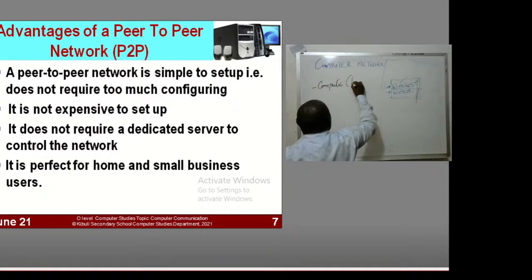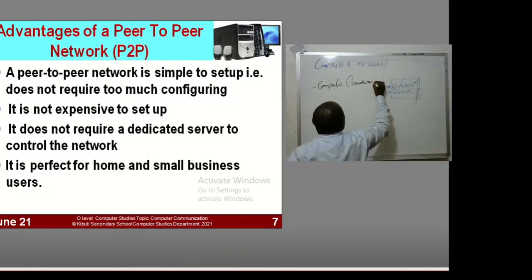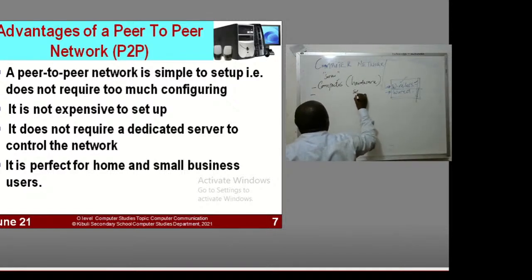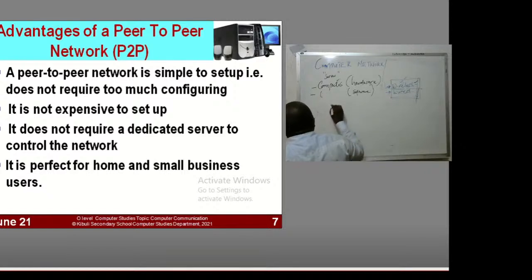That is hardware. Because at times you're going to explain this. It can be a computer, then a server can be software. So we can look at a server as a computer and a server as software.